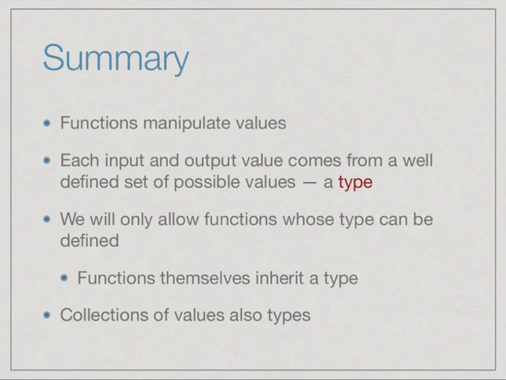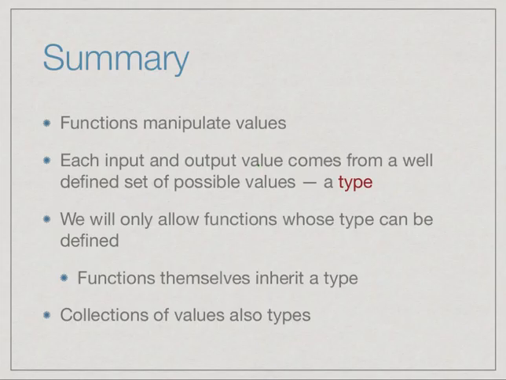To summarize, we are talking about functions that manipulate values, but the values must come from well-specified sets or types. Each input and output value comes from a well-defined set of possible values, and we will only allow function definitions whose type is precisely specified.